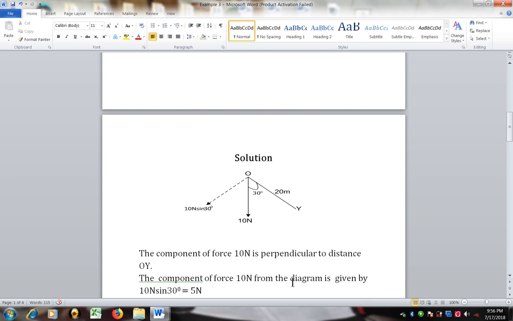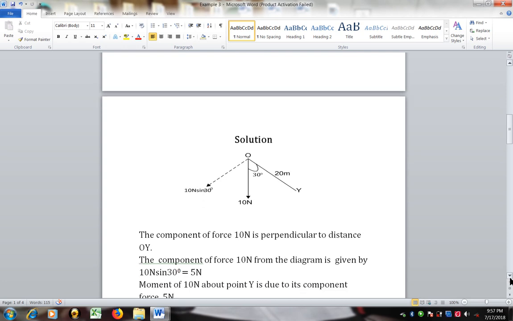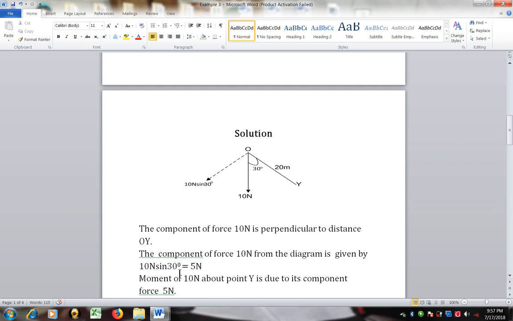Now, the component of force 10 Newton perpendicular to distance OY, from the diagram, is given by 10 Newton sine 30 degrees. Remember that sine 30 degrees is 1/2. So that means we are multiplying 10 by 1/2.